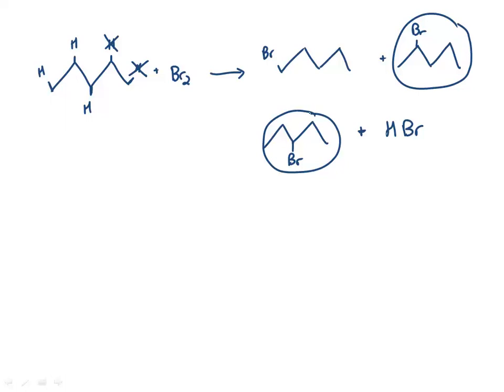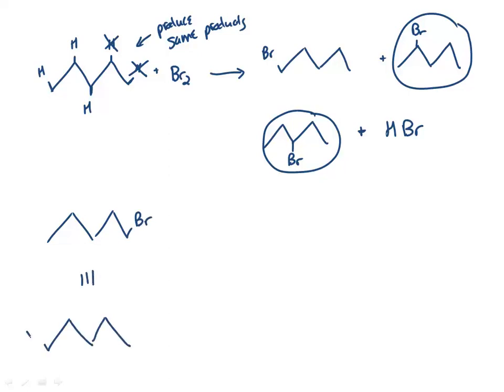Why do you cross out those two? Oh, because these would produce the same products as other ones. So for instance, if I draw bromine on the end, that's the same thing as if I draw bromine on this end.